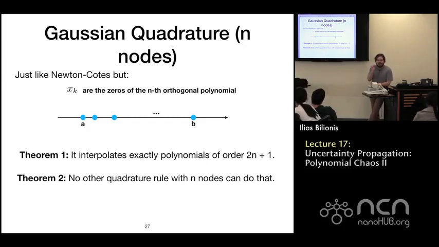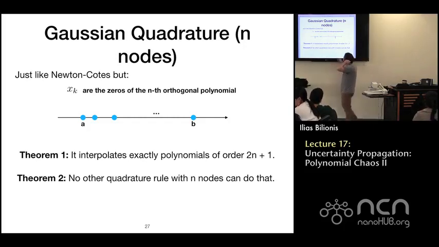So if your model is a polynomial of degree 2n plus 1 or smaller degree, you will get an exact answer for the integral. This is one theorem that we're not going to prove, but I'm just going to state. And it's a little bit strange, right? Because you're using n points and you're getting 2n plus 1 accuracy.